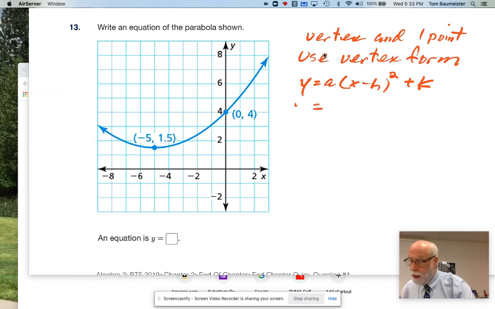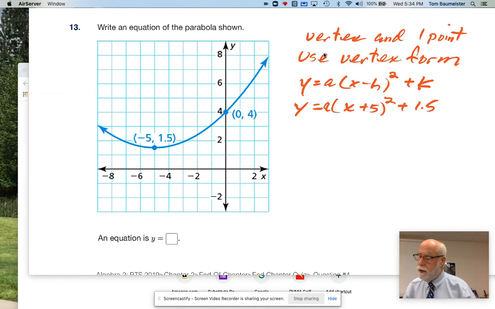So again, you're going to tell me your vertex is right there. So that will be your h and your k. So you're going to tell me it's the opposite for the h there. So it's going to be x plus 5, quantity squared. And then the other one is going to stay the same. So it's going to be at 1.5.